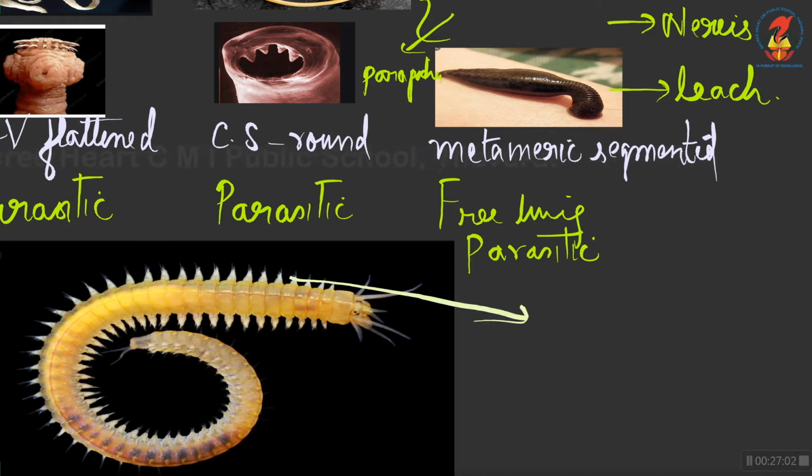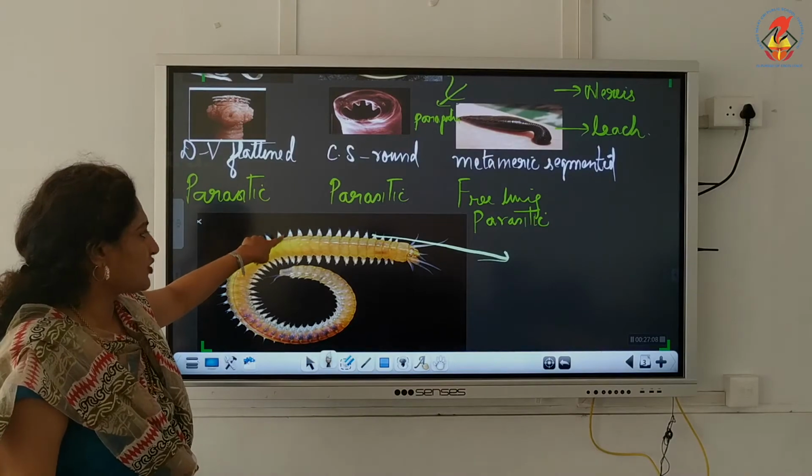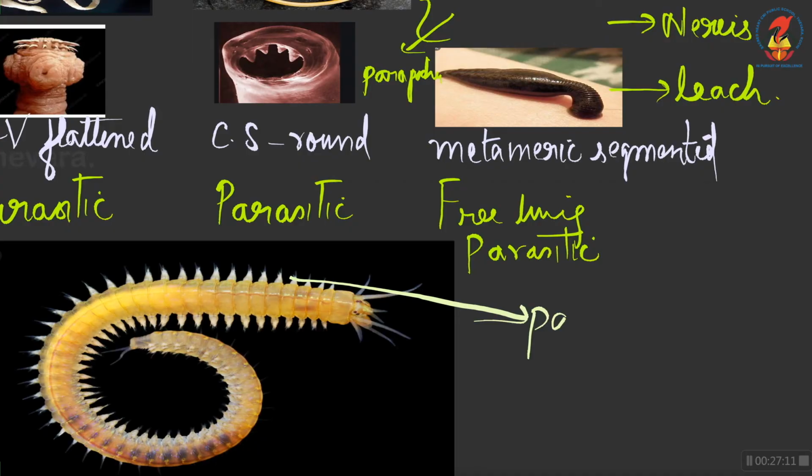So Nereis has the parapodia, it's living in the water. So for movement, to swim in the water, it uses these structures called parapodia. So this is also free living but aquatic.